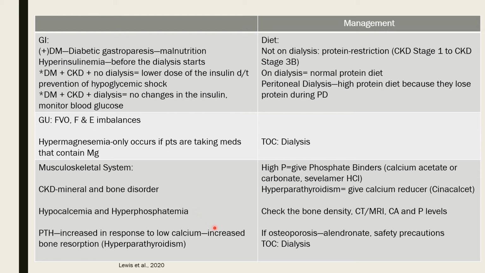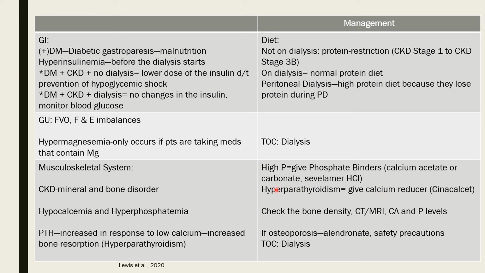So you watch their phosphorus. If it's high, then we give them phosphate binders. These are the phosphate binders that we commonly use: calcium acetate, sevelamer hydrochloride. And if they have hyperparathyroidism secondary to chronic kidney disease, we want to give them a calcium reducer like cinacalcet.